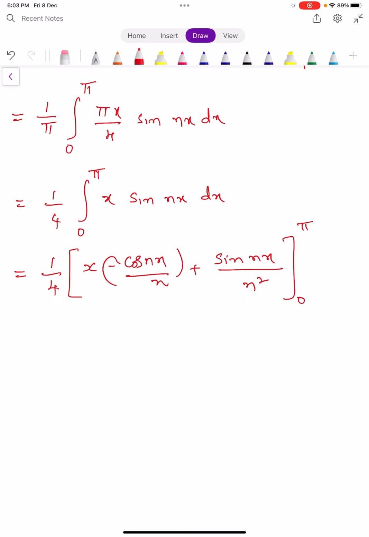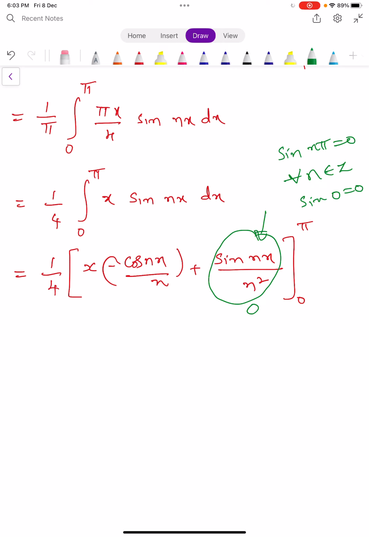You observe that whenever x is equal to pi and x equal to 0, the second term completely vanishes because it becomes 0. Sin n pi is equal to 0 for all n belonging to Z, and sin 0 is also 0. So the second term is completely 0.